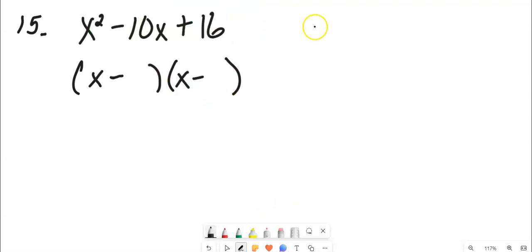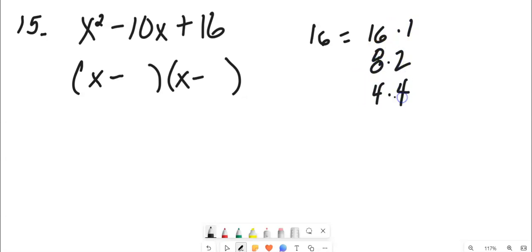I'm going to look at 16. The factors there could be 16 times 1, or you can use 8 times 2, or 4 times 4. The goal is that whatever I place here, it will end up giving me this value here. So I am going to go ahead and choose 8 and 2.